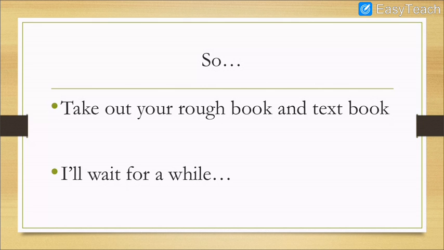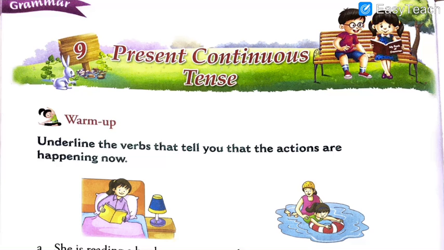So I am giving you time to take out your rough book and textbook of grammar if you have. I hope that rough book you might be having. Please take it out and the textbook of grammar. My dear little champs, I am waiting for you all to get ready with both of these books, rough book and grammar textbook.